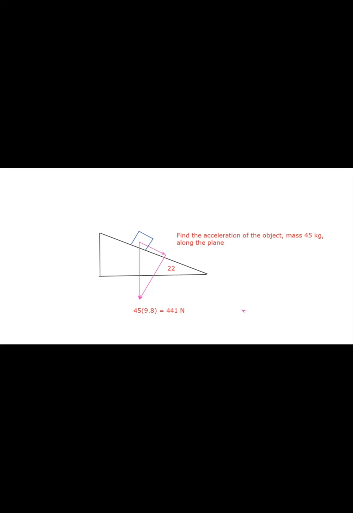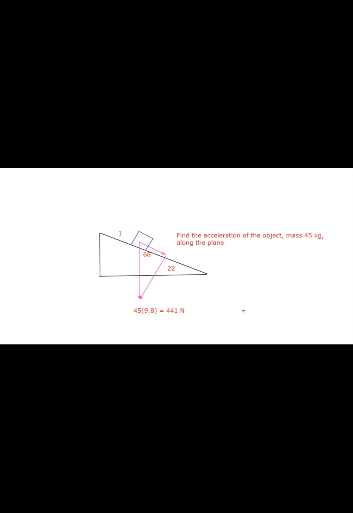Even though we draw it in a right triangle, the y component is actually in the center of the object. So it's what holds it to the plane. We make a right triangle though, so we can do our trig and solve for it. This angle is 22. That means our angle up here is 68 degrees for our vector triangle. Well, the y component is holding it to the plane.